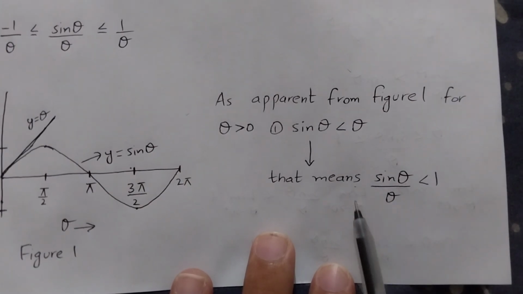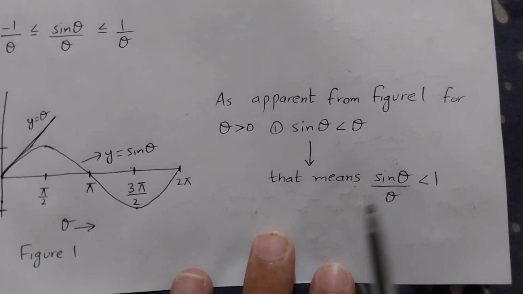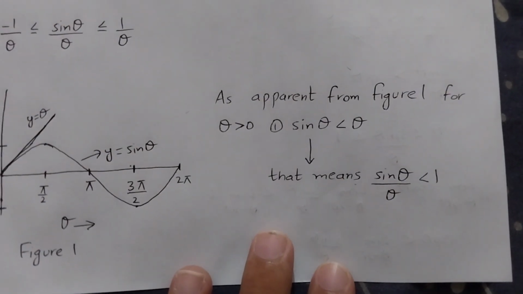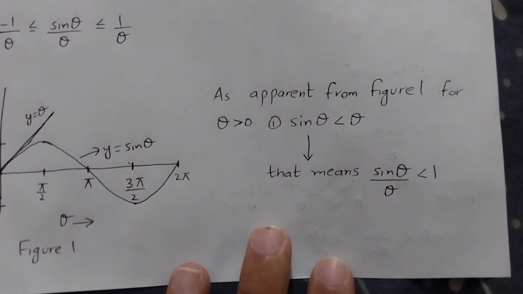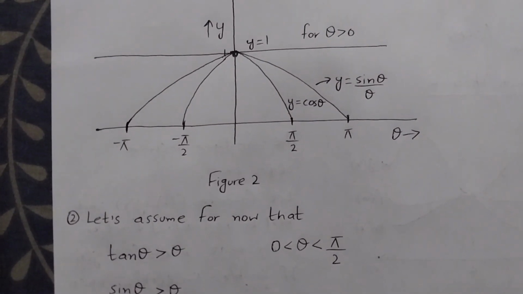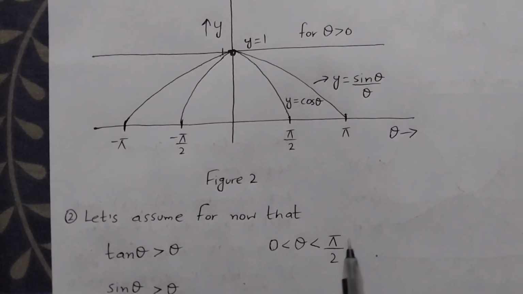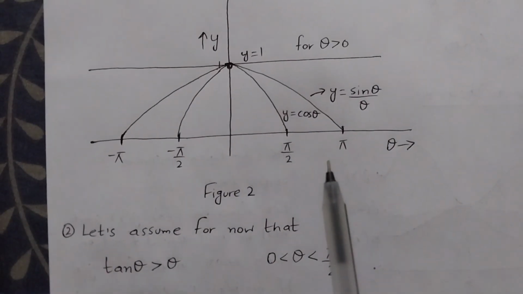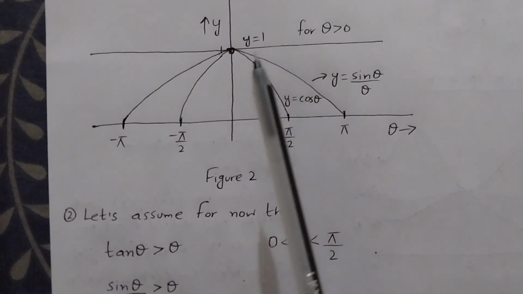And right now we are approaching theta equal to 0 from the right hand side. So the first thing which we saw was that sine theta is less than theta for theta greater than 0. And we will use that in a few moments.